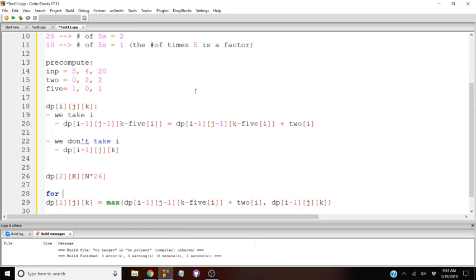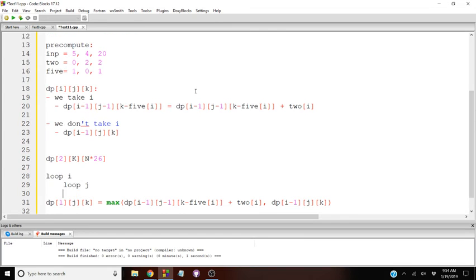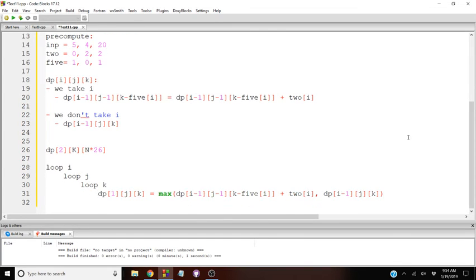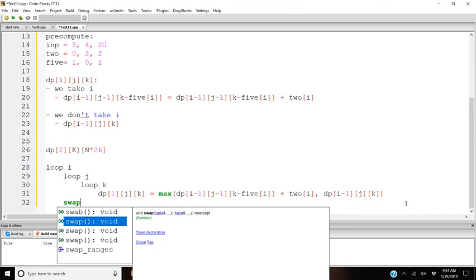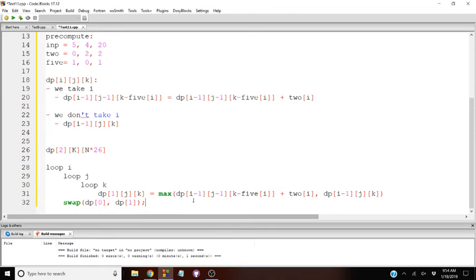So I'll just write loop I, loop j, loop k, and then you do this, and then here you say swap dp0 and dp1. You don't say I minus 1, you say dp0, and then you swap dp0 and dp1.